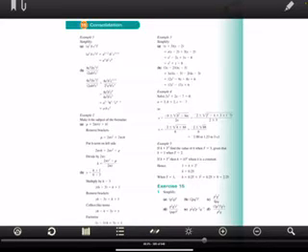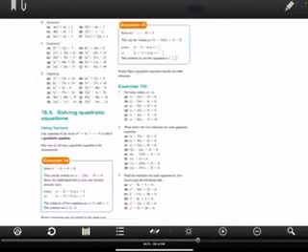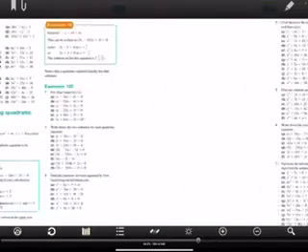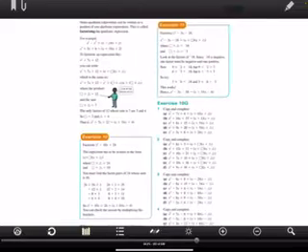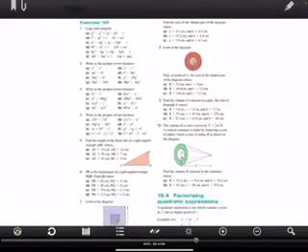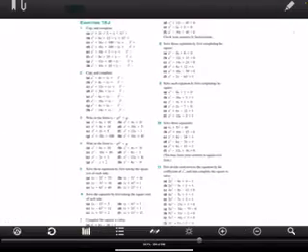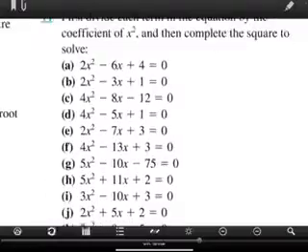Which one did I give again? Here. 2x squared minus 6x plus 4. Sketch. 2x squared minus 6x plus 4.